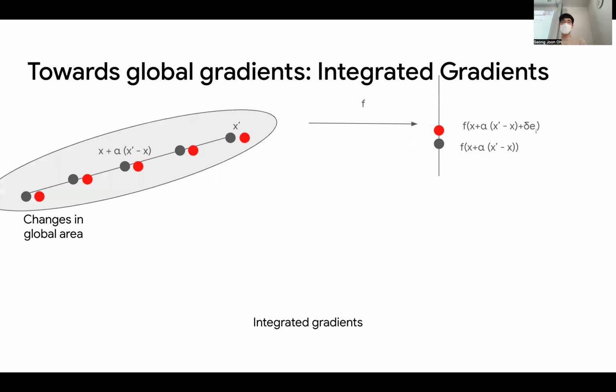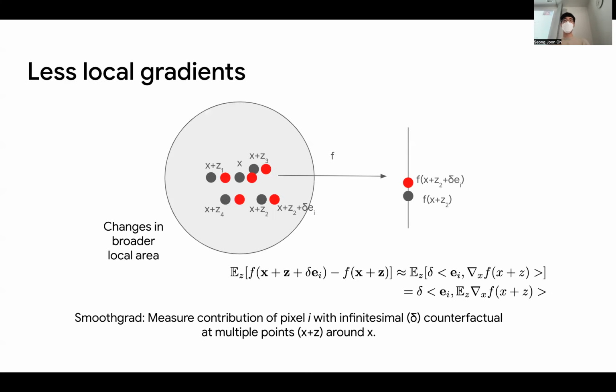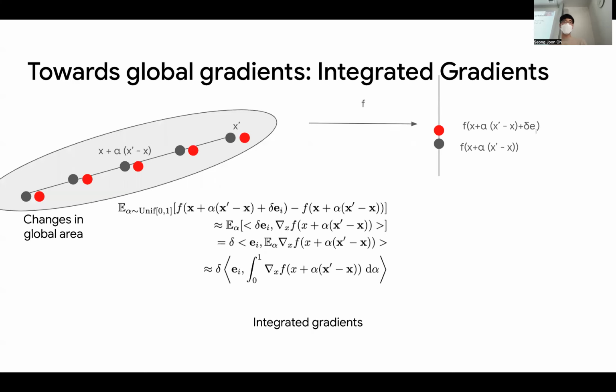So now we are trying to go from a local approximation of your function to more and more global. Here we went a little bit more global, and now we are going very far into the global input space. So instead of just perturbing around a single point, we are actually interpolating between two points in the input space along a straight line.